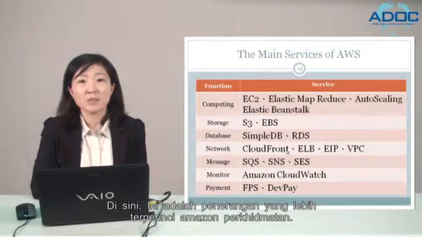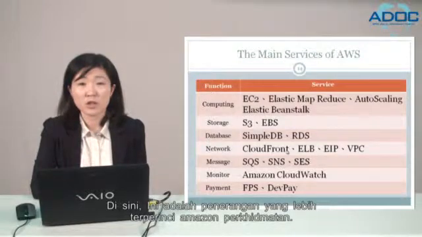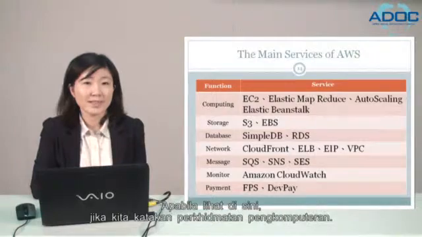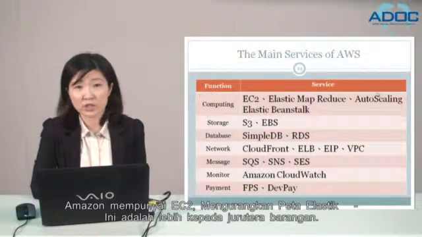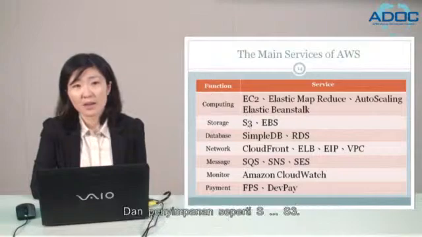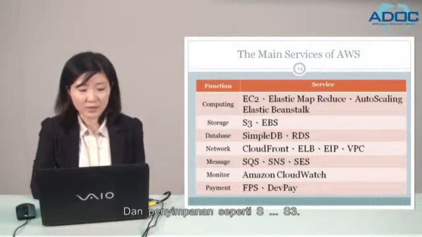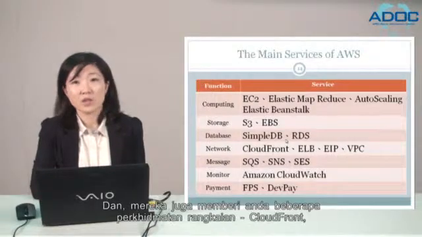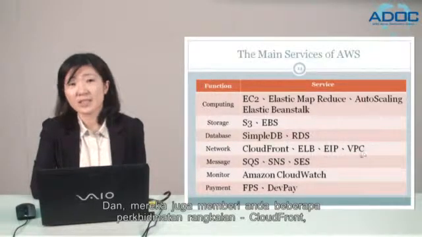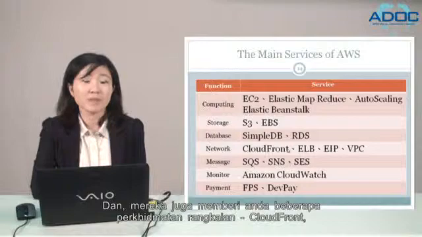Here is a more detailed description of Amazon services. We can see that for computing services, Amazon has EC2 and Elastic MapReduce. This is more engineer stuff. And for storage there is S3, for database they have SimpleDB, and they also give you some network services, like CloudFront.